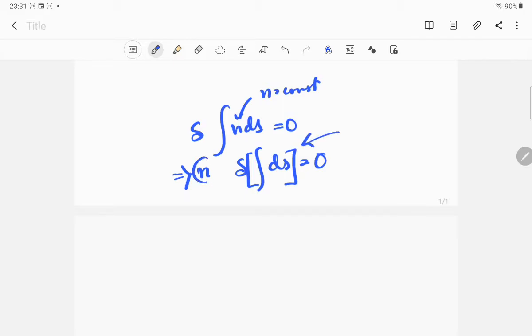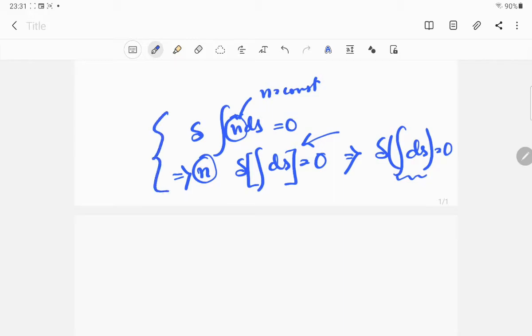We are not worried about n because it will go out. So the next step is delta integral ds is equal to 0. This total length should be minimized. This is the mathematical representation of Fermat's principle.